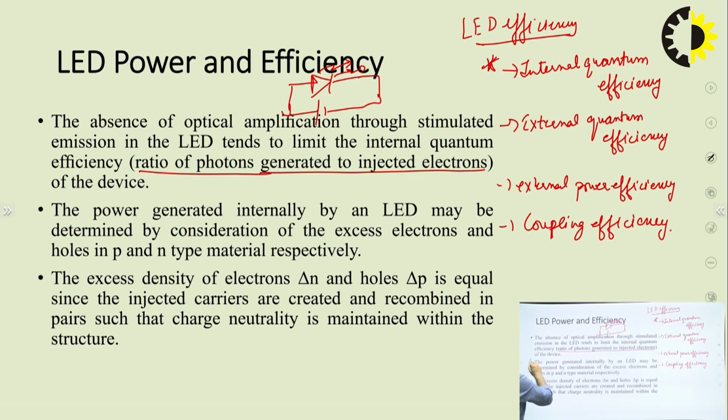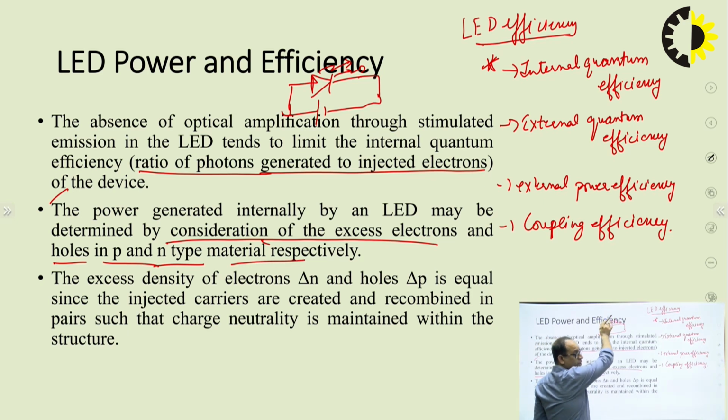So the power internally generated by the LED can be determined by the excess electrons and holes in the p-type and the n-type material. It contains majority carriers, electrons and holes, in the p and the n-type material, and when we provide forward biasing, we are also injecting electrons into the device.